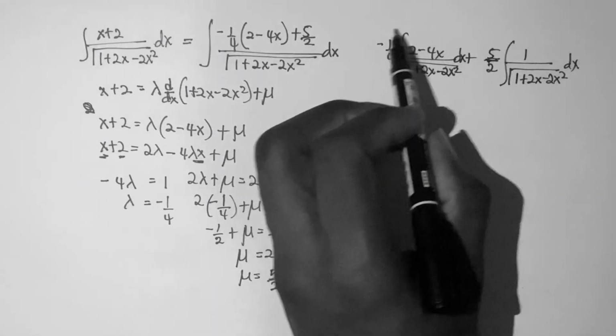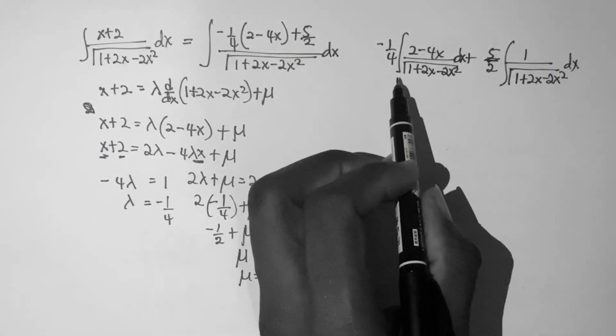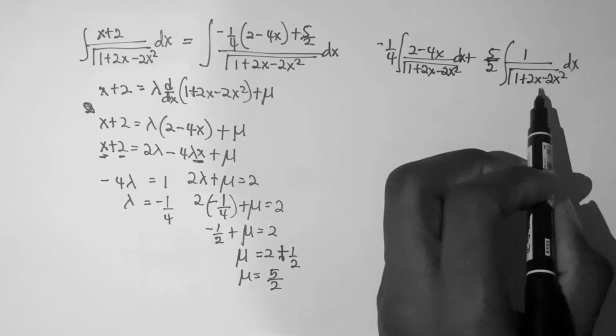We can solve the first part; we know the result for it, but this is where we don't know the result.